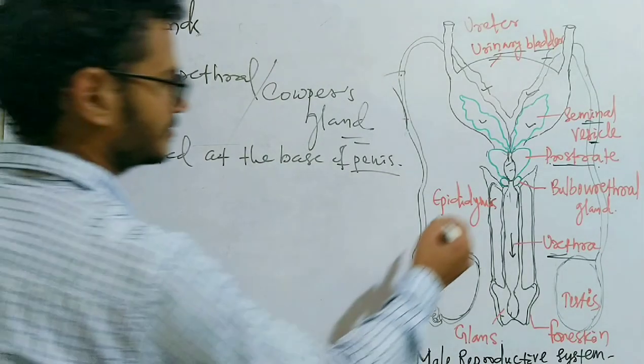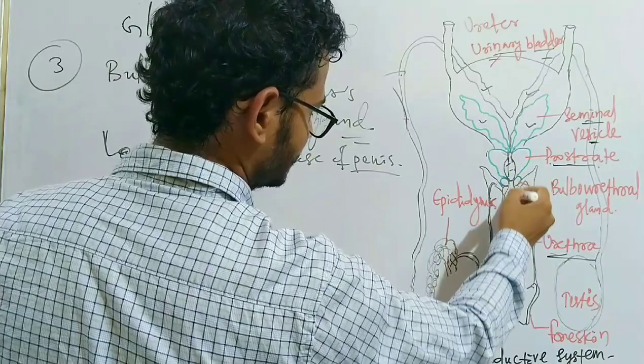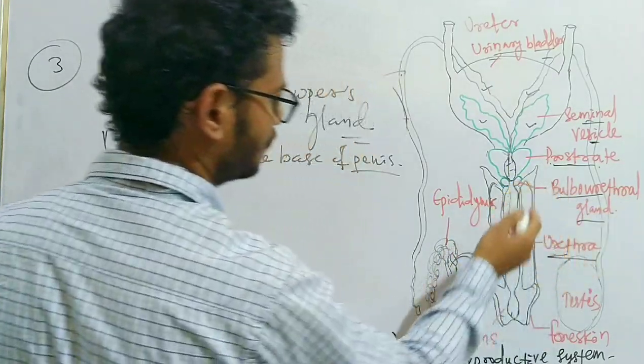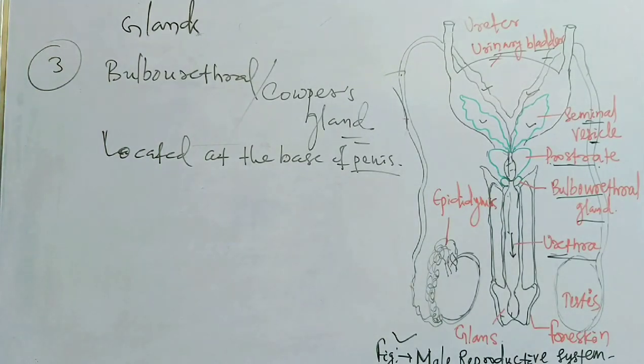After the ejaculatory duct, which changes into the urethra, the bulbourethral gland is present behind the urethra.